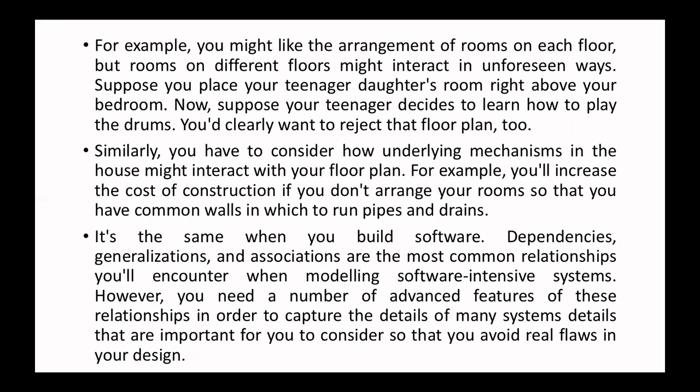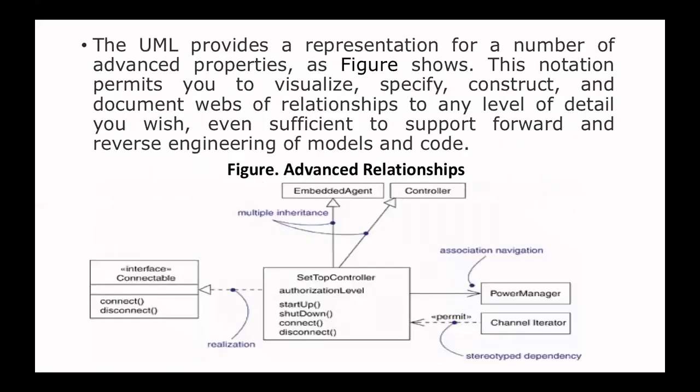It is the same when you build software. Dependencies, generalization, and association are the most common relationships you will encounter when modeling software intensive systems. However, you need a number of advanced features of these relationships in order to capture the details of many systems, details that are important for you to consider so that you avoid real flaws in your design.